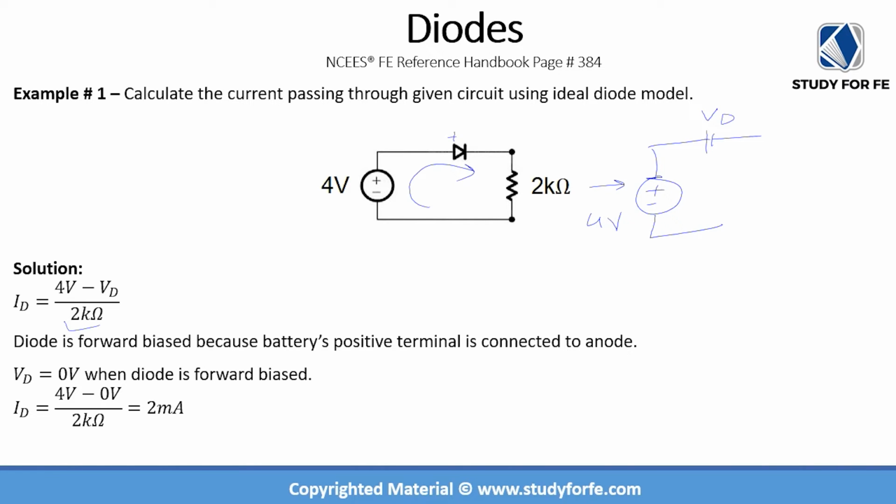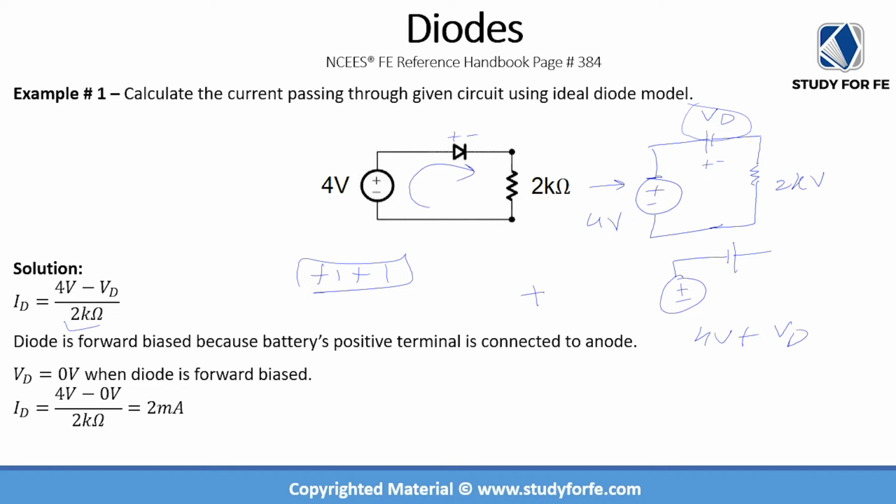Remember, this is the positive terminal and this is the negative terminal, with a series 2 kilo ohm resistor. From the resistor's standpoint, these two voltages are opposing each other. If these batteries were connected the other way, we would have a 4 volt plus VD situation, because if it's positive-negative, then the batteries add up.